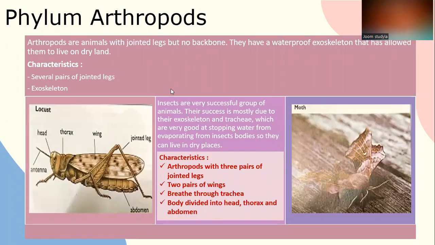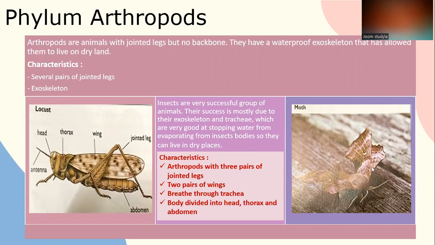Okay, let's look at the phylum Arthropods. Arthropods are animals with jointed legs but no backbone. They have a waterproof exoskeleton that has allowed them to live on dry land. The characteristic, if you see the locust, is several pairs of jointed legs and an exoskeleton. The examples given here for phylum Arthropod are the moth and locust.